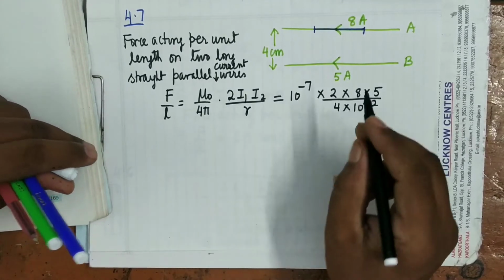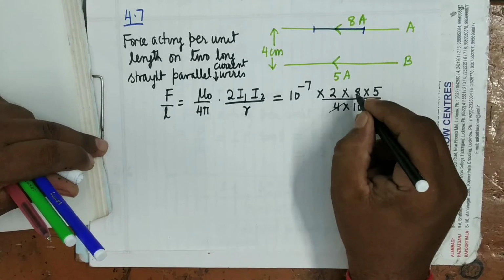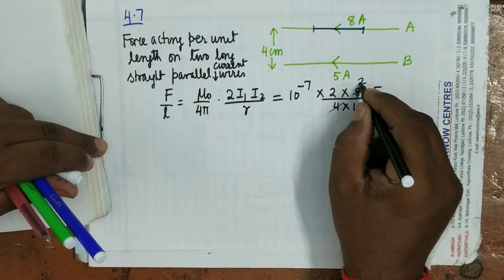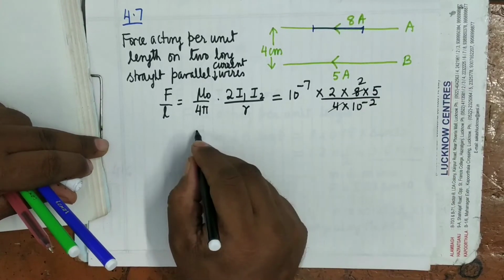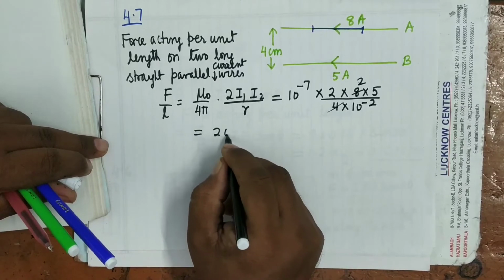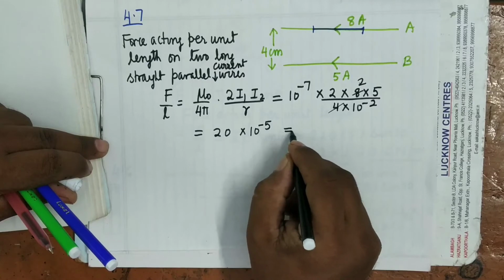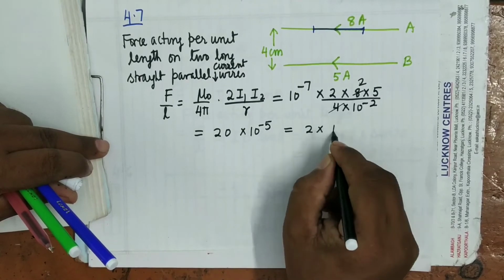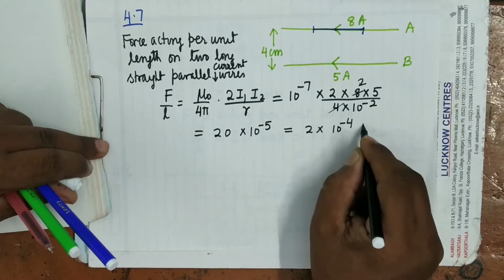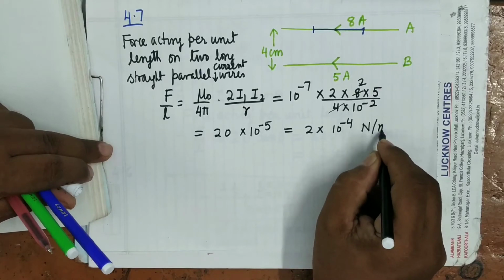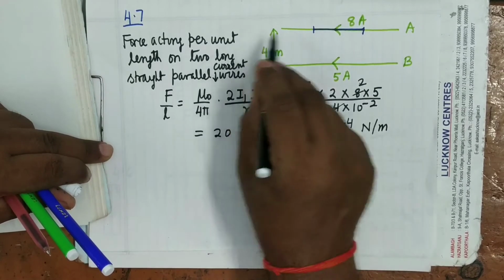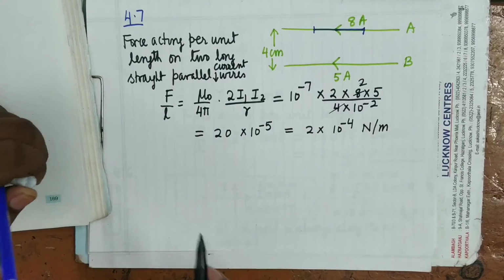When you simplify, 4 twos are 8, 5 twos are 10, 10 twos are 20. That is 20 into 10 to the power minus 5, which equals 2 into 10 to the power minus 4 Newton per meter. This means on each meter of length this much force will act.